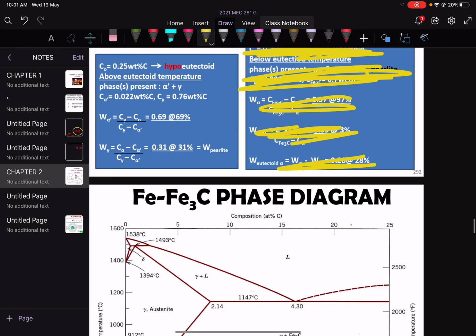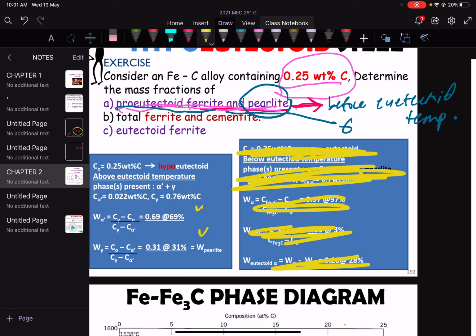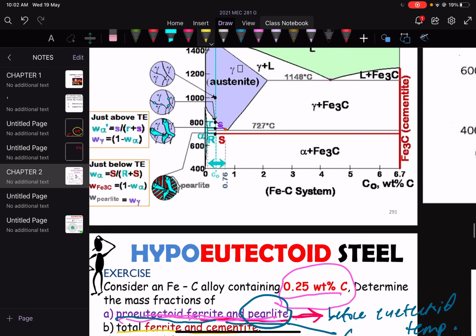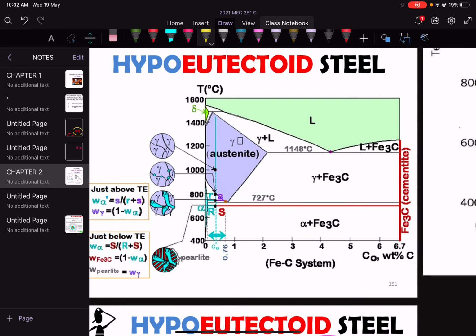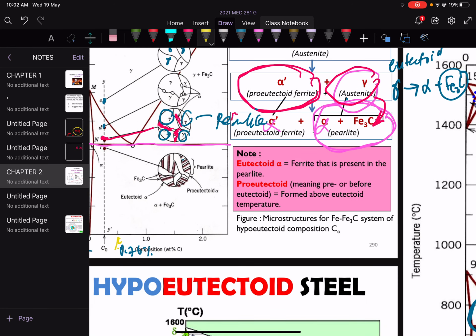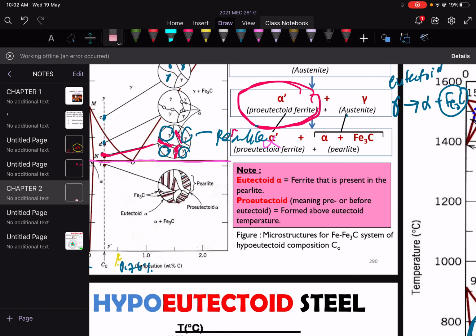Okay, so question B, you need to find the total ferrite and cementite. So where does the total ferrite and cementite happen? At hypoeutectoid. So ferrite and cementite is actually here. Ferrite and cementite is actually happening here.